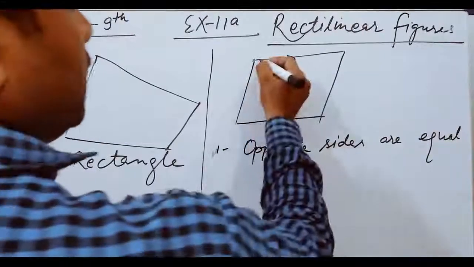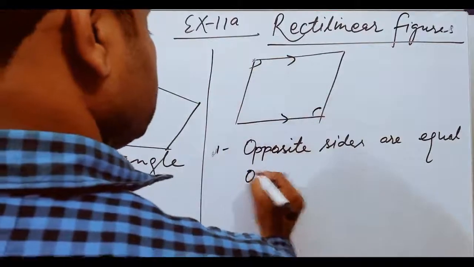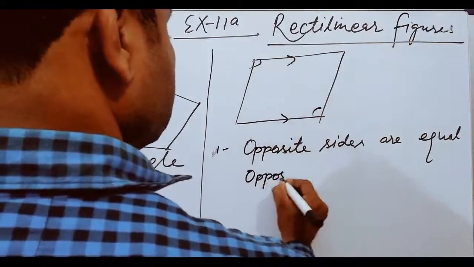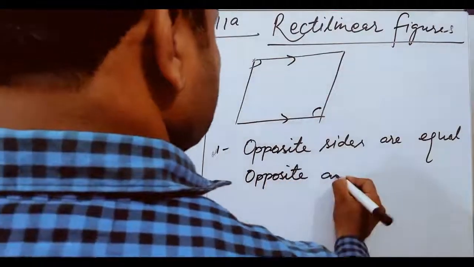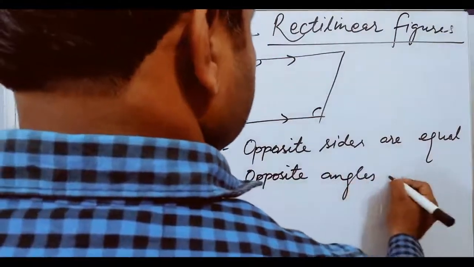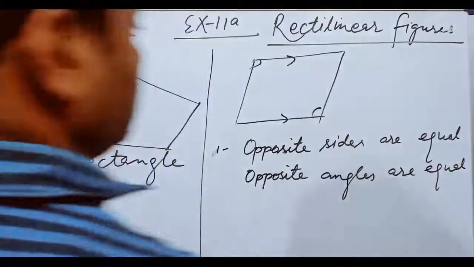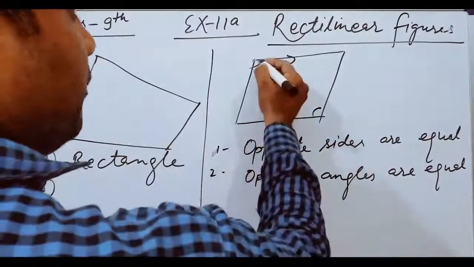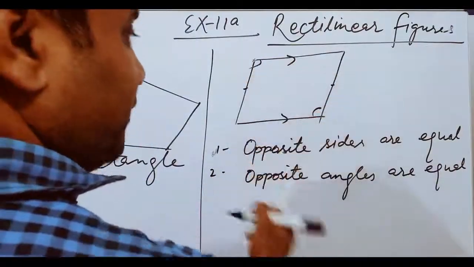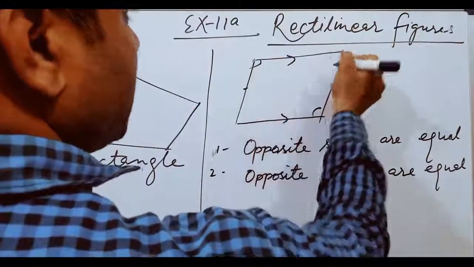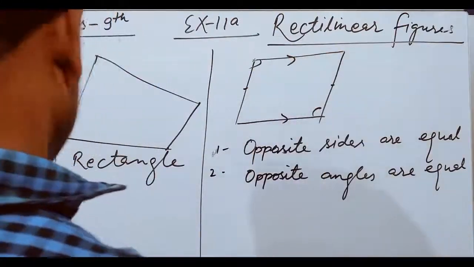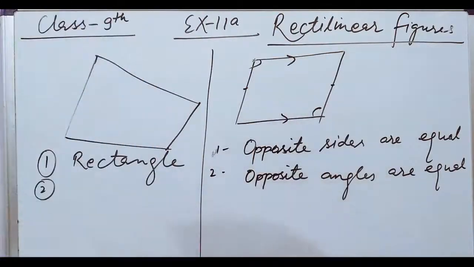Opposite angles are equal. Opposite sides are equal and parallel, and opposite angles are also equal. So this is a parallelogram.